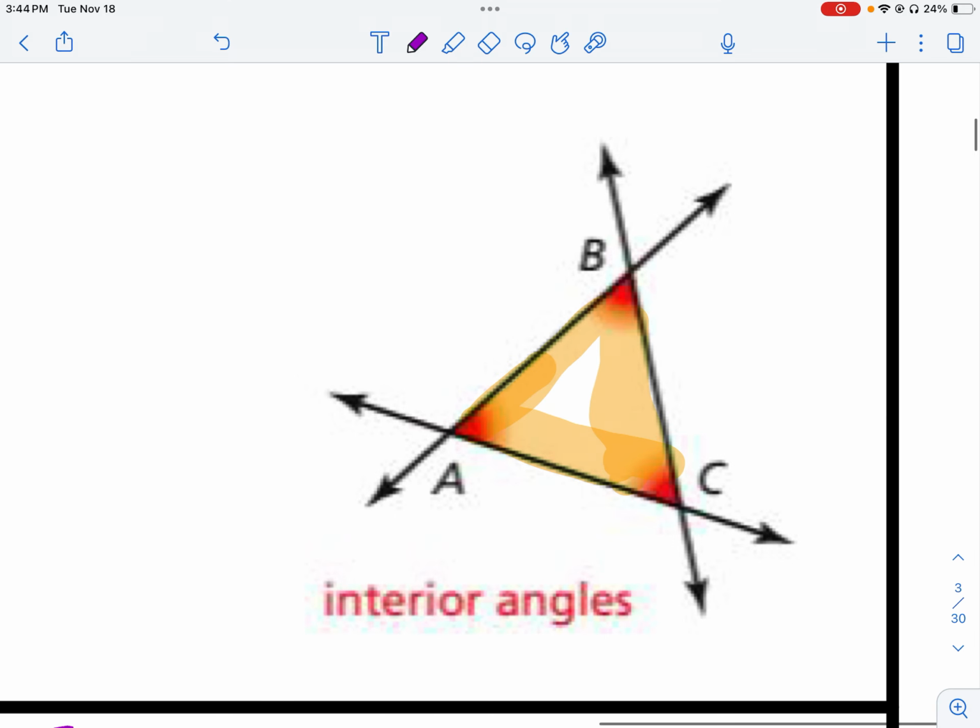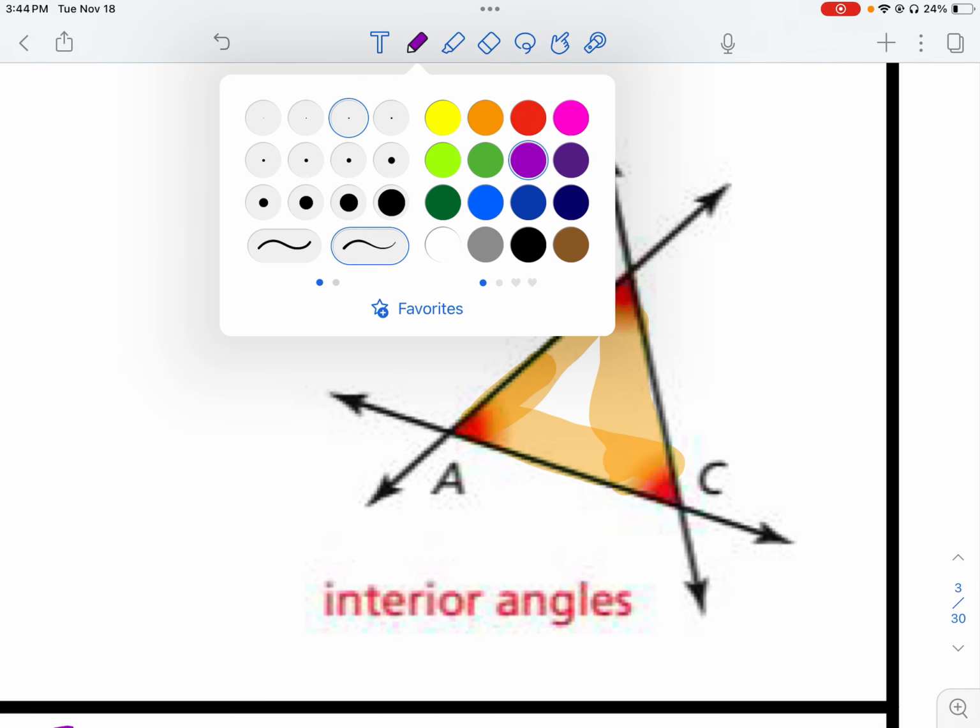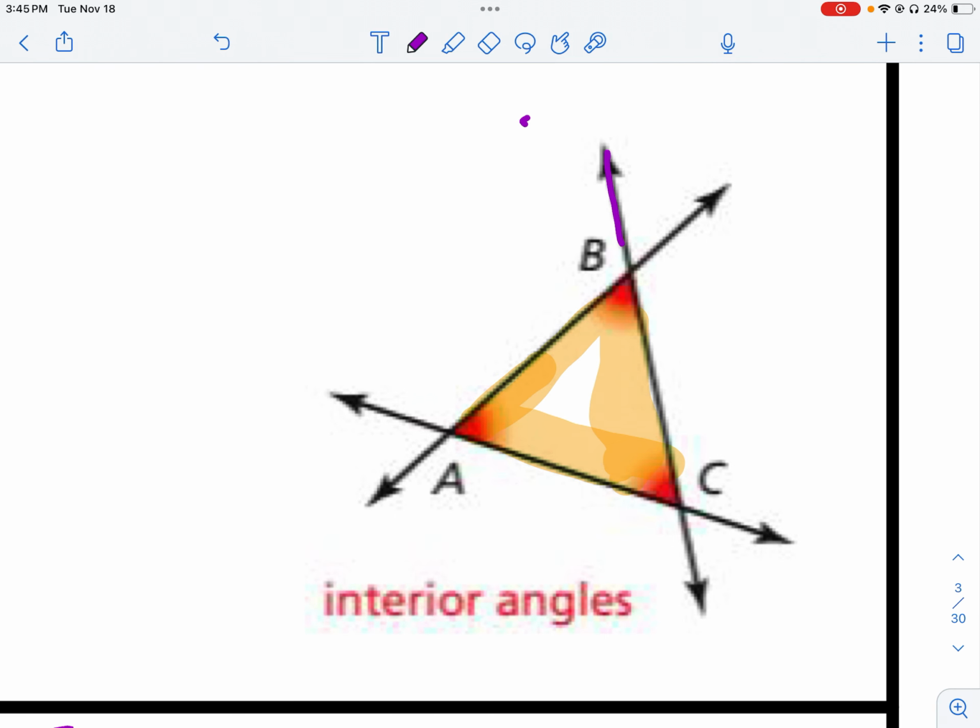So if we extend out this line, the side of the triangle, past the triangle, we can do that twice, right? But what we want to establish is a linear pair.